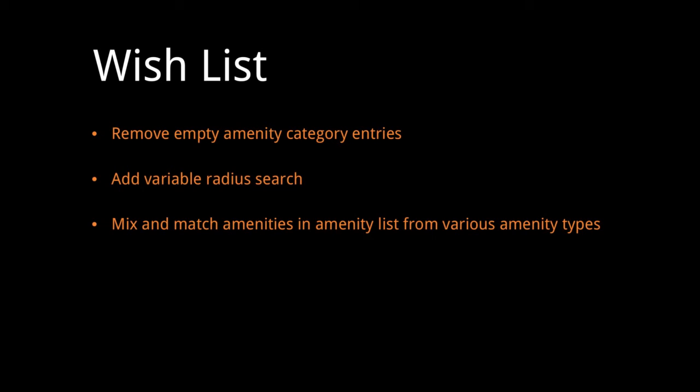So I would like to see this implemented in the future, so that you can select an amenity from, let's say you want to select a restaurant, then you also want to select maybe a park, and maybe a school, and you can see all of them in your amenity list and see them all on the map as well. So that's something I would like to see implemented.